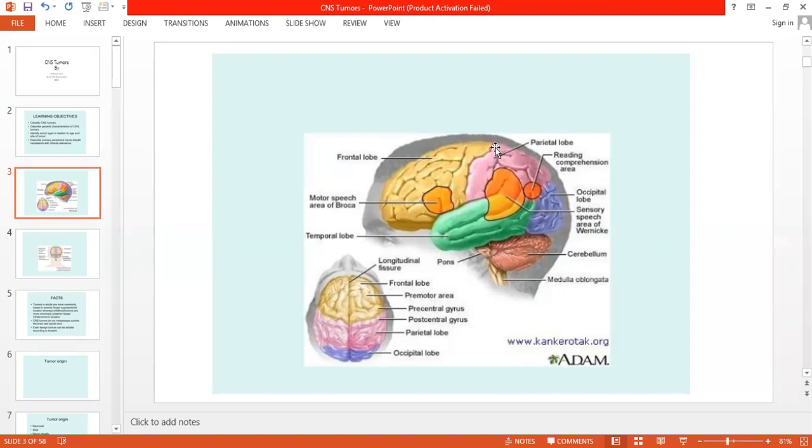If the tumor is compressing the sensory cortex or the sensory strip, of course there will be abnormal sensation on the side opposite to the side of the lesion. Why? Because the right side of the brain controls the left side of the body and the left side of the brain controls the right side of the body.